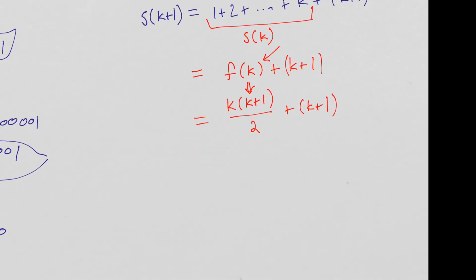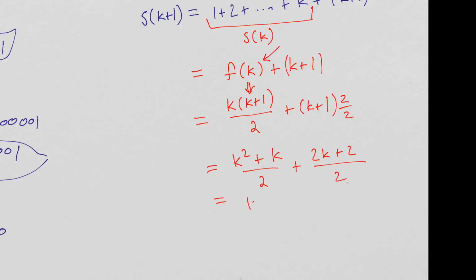And so now I'm just going to multiply it through. So this is k squared plus k divided by 2. And I might as well multiply this by 2 over 2, multiply by 1 to simplify everything. So this is plus 2k plus 2 over 2 so that I can simplify these.